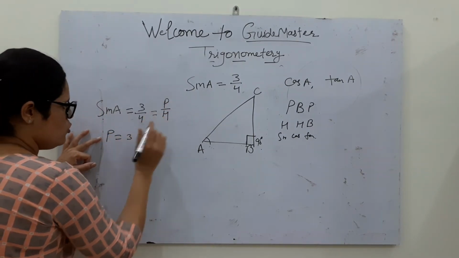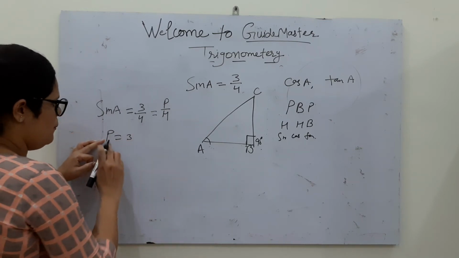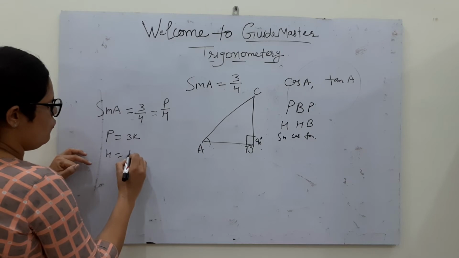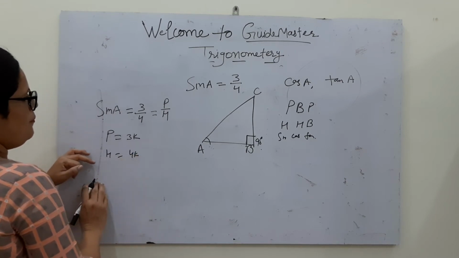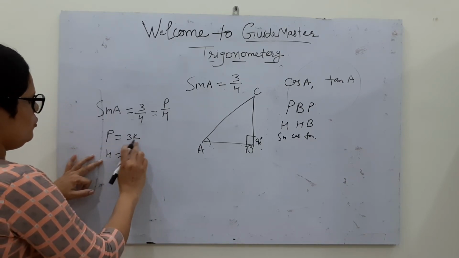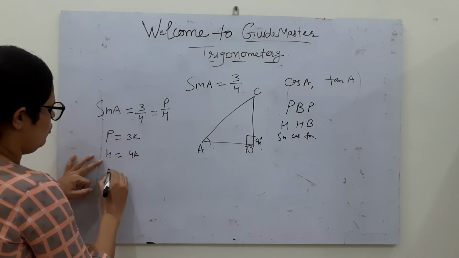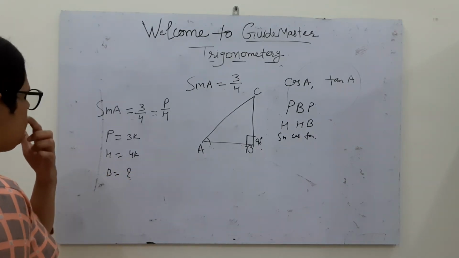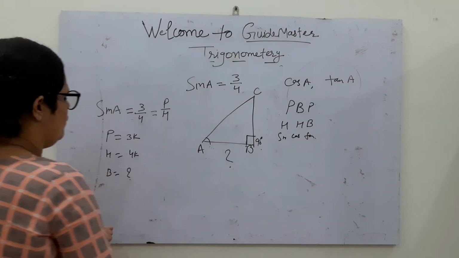This is a ratio, so we will consider P is equal to 3K and H is equal to 4K. This is what we have to calculate.